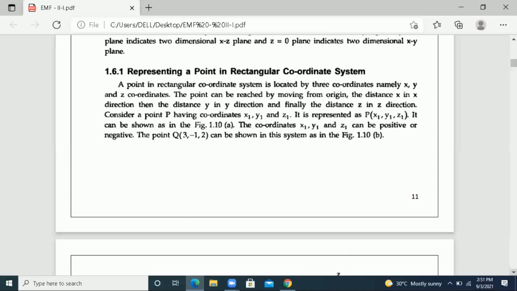So now we are going to represent a point in the rectangular coordinate system.